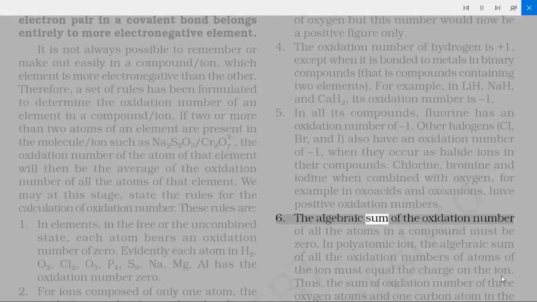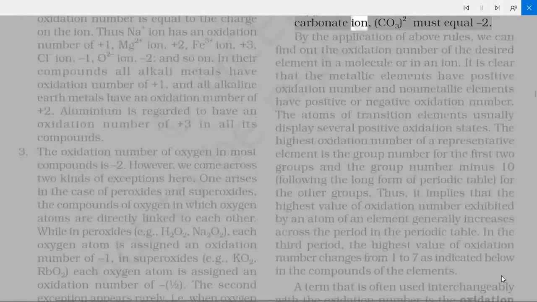The algebraic sum of the oxidation numbers of all the atoms in a compound must be 0. In a polyatomic ion, the algebraic sum of all the oxidation numbers of atoms of the ion must equal the charge on the ion. Thus, the sum of the oxidation numbers of 3 oxygen atoms and 1 carbon atom in the carbonate ion, CO3 2-, must equal -2.